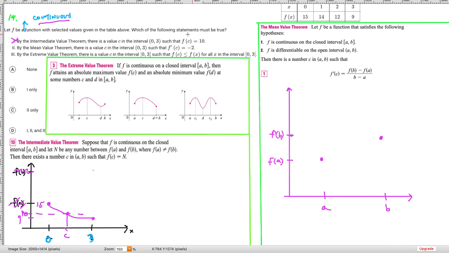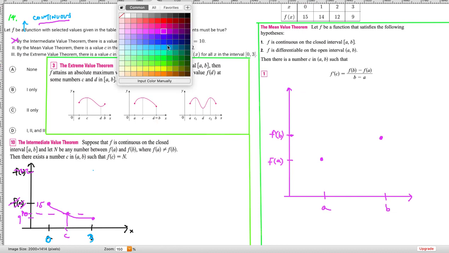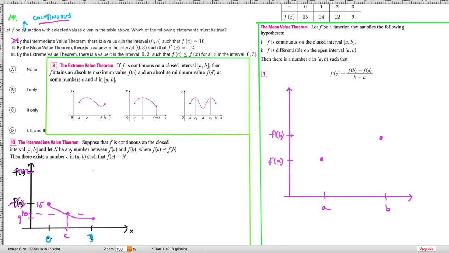So first, like in the last one, f had to be continuous. So it's got to be continuous, okay? Then it's got to be differentiable. Another good way to think of differentiable is to say smooth. So let's do this in a smooth way, something like that. That's smooth. I moved continuously and smoothly from A to B.